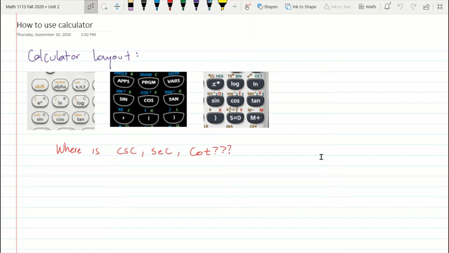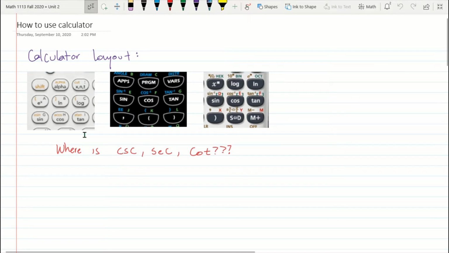In this video, we'll talk about how to use your calculator to evaluate trig functions. If you've noticed, your calculator may look like any of these three pictures. The first one is a random calculator that I found on the internet, and its keys go sine, cosine, and tangent.